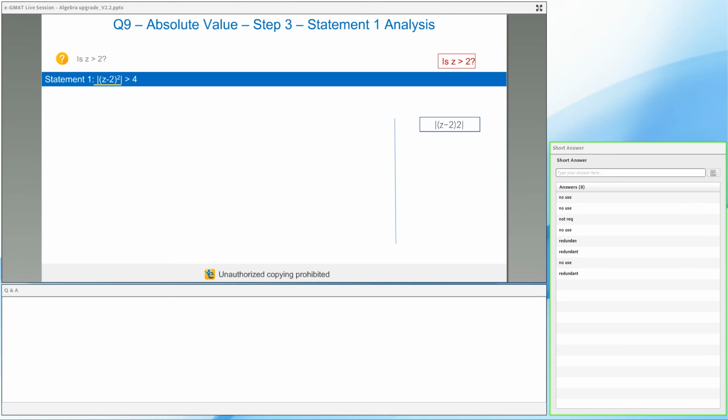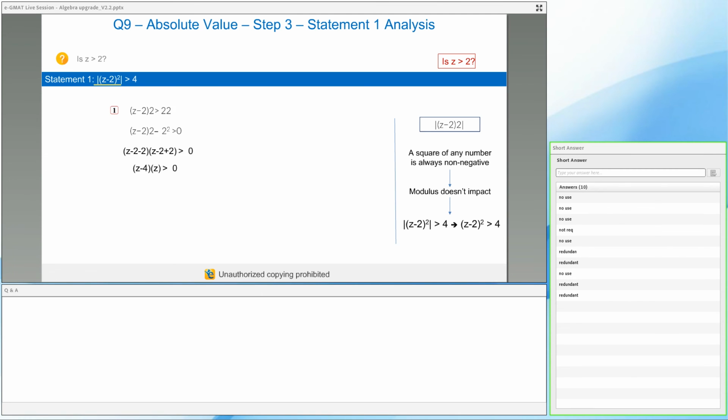So there is no use. Kindly ignore this 2; this 2 basically is to the power 2. A square is always, as we discussed now, either 0 or positive. So the modular sign does not impact anything. We can simply say Z minus 2 whole square is greater than 4. Once I have this, I can simply say Z minus 2 whole square minus 2 square is greater than 0.